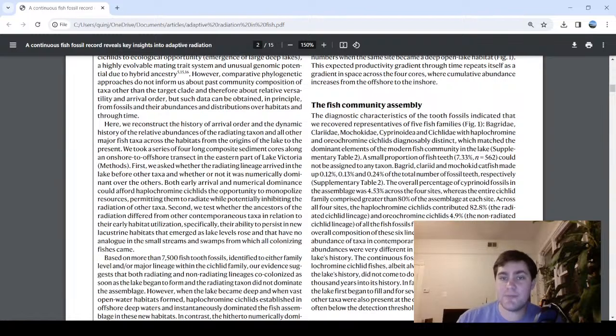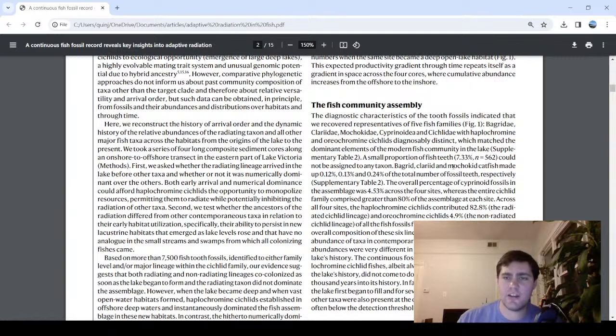The Bagridae, the Claridae, the Mochokidae, the Cyprinoidae, and the Cichlidae, with haplochromine and aureochromine cichlids diagnosably distinct, which matched the dominant elements of the modern fish community in the lake. A small proportion of fish teeth could not be assigned to any taxon.